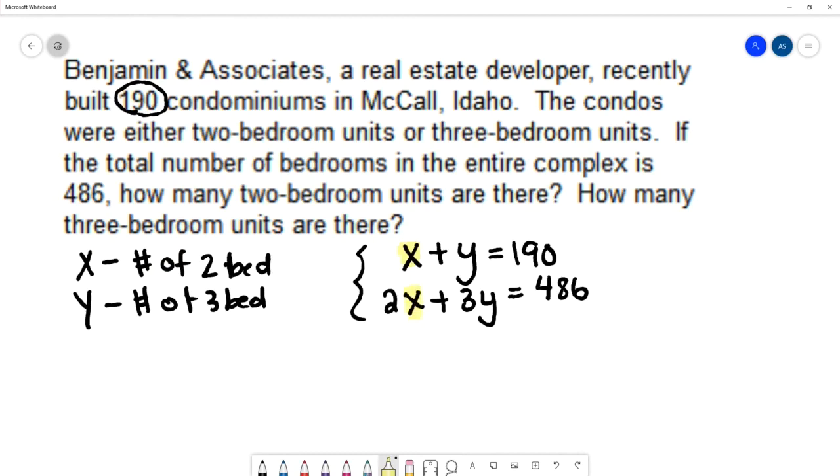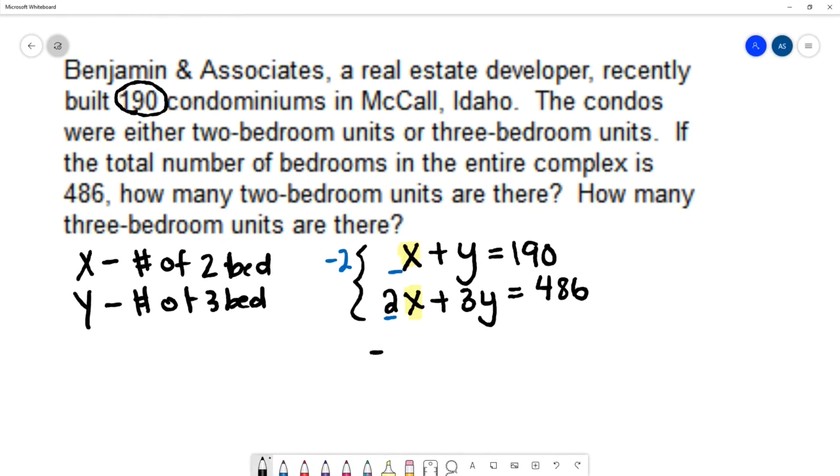So I need the x variables to have coefficients that are the same number and the opposite sign. So since I have a 2 on this one, I want to make the other one a -2. I'm going to multiply -2 times that first equation.